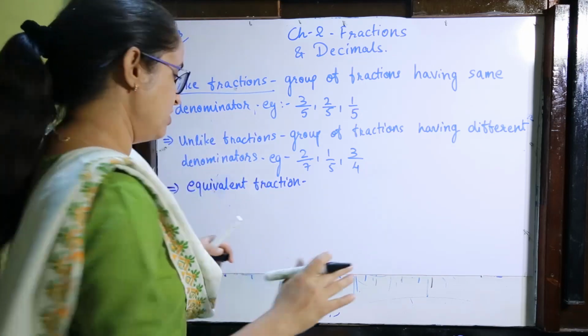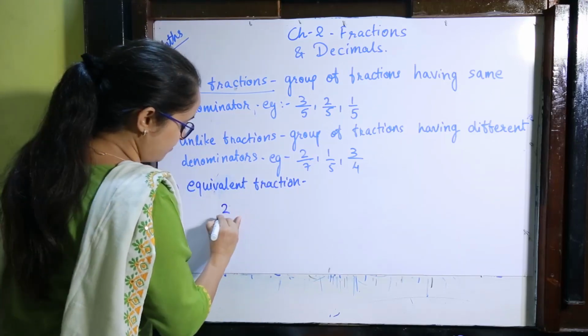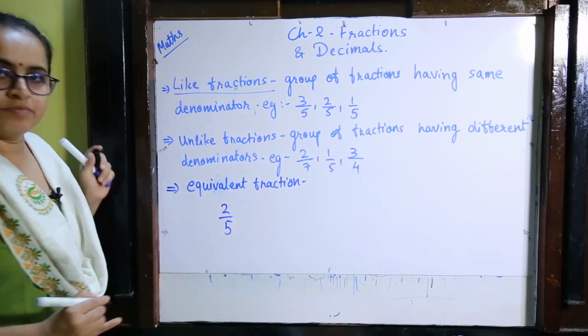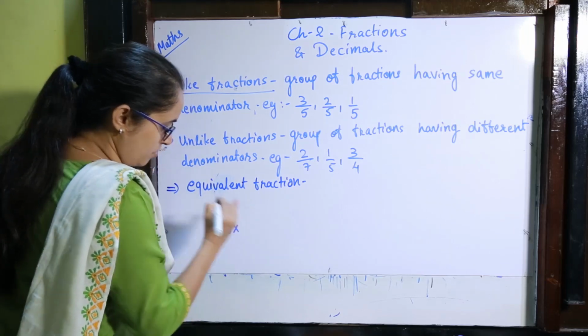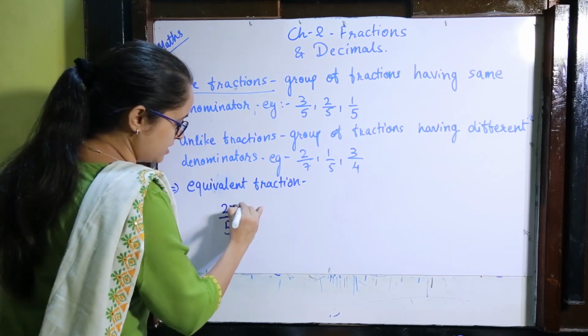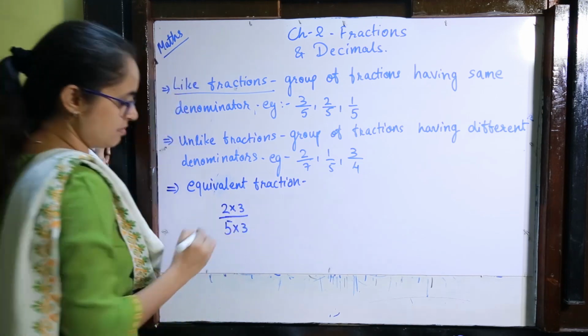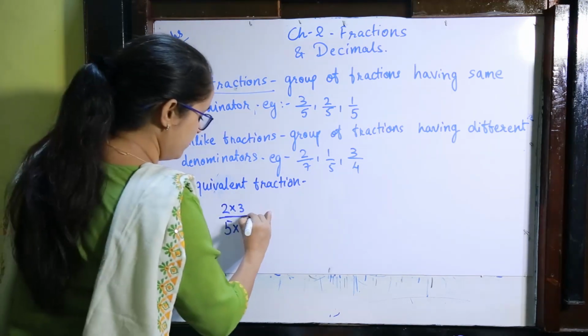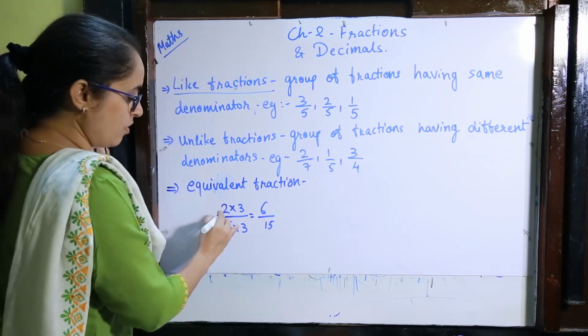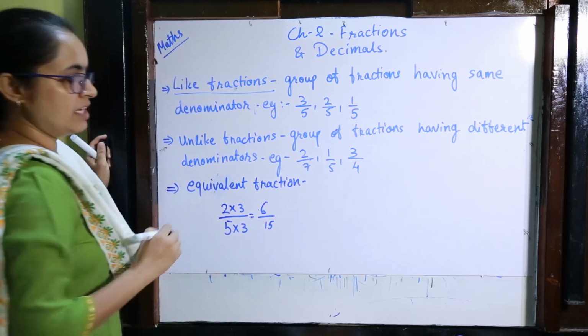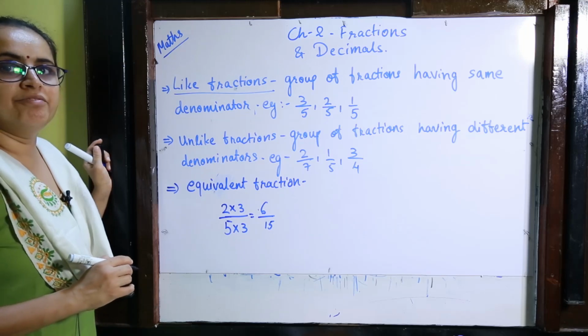How? I will explain that. Suppose I have the fraction 2 upon 5. If I multiply the numerator and the denominator with the same number, 3, then I will get 6 upon 15. So 2 upon 5 and 6 upon 15 are called equivalent fractions.